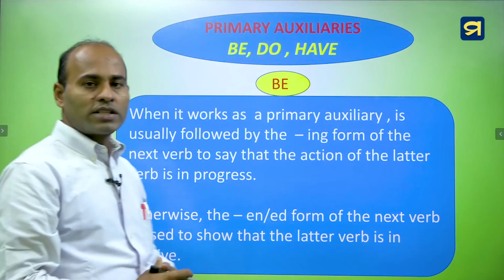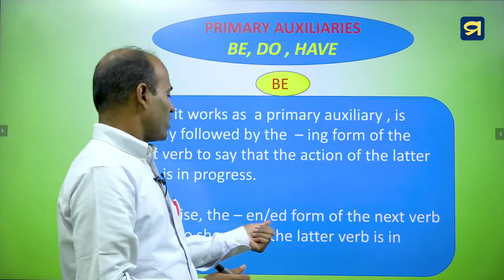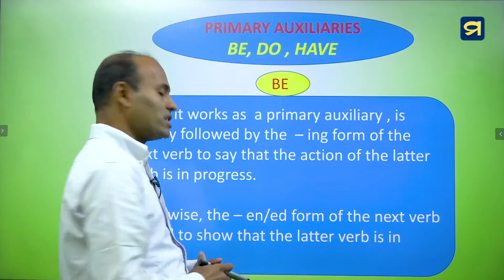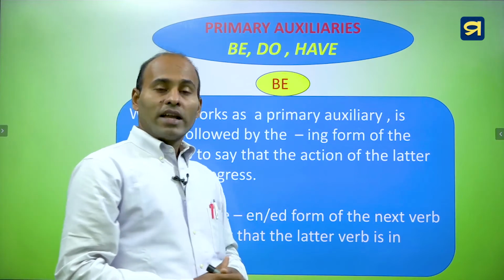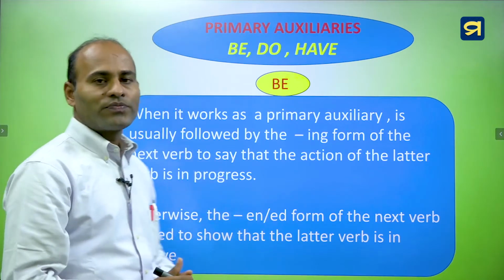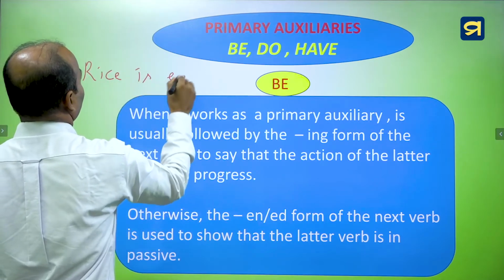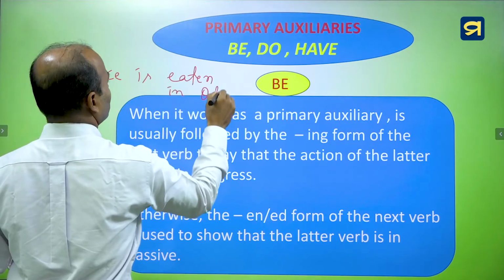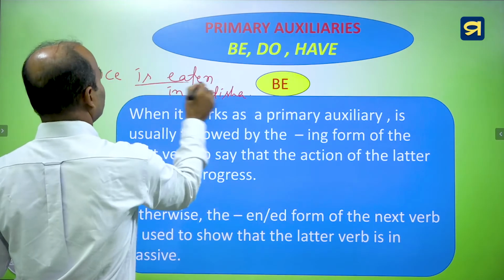Otherwise, we use it in passives. So the en or ed form of the next verb is used to show that the latter verb is in passive. And you are well aware that rice is eaten in Odisha. In this sentence, mark that is eaten.